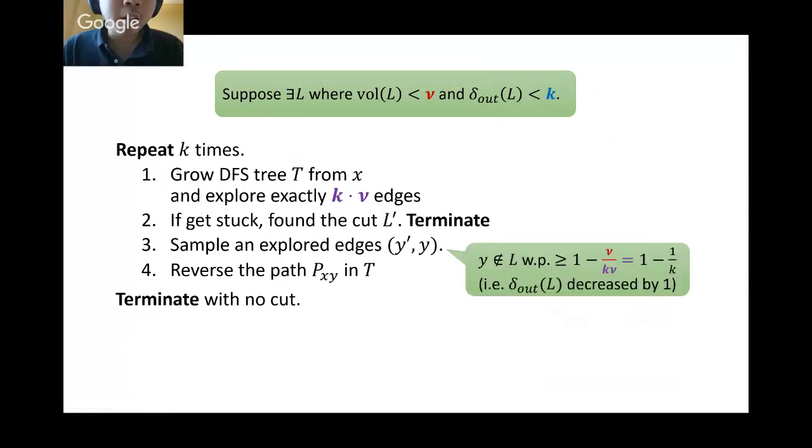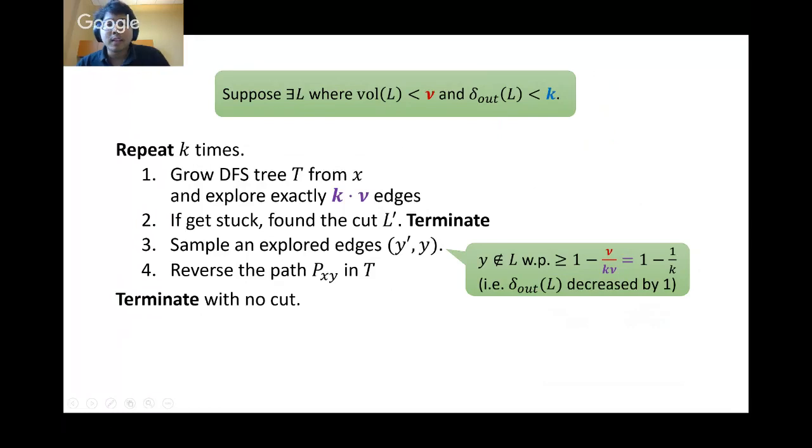So here we see that once you sample and explore edge y prime and y, we know that y shouldn't be in L with probability at least 1 minus nu over k nu.